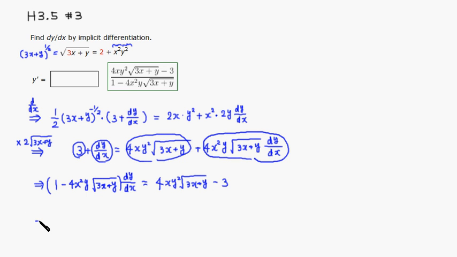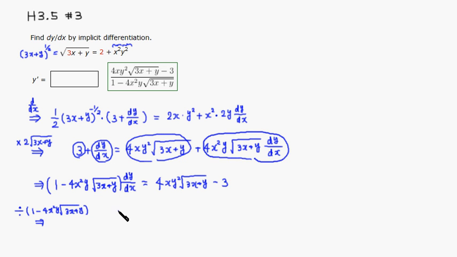Then our last step is just divide through by quantity 1 minus 4x squared y square root of 3x plus y, right?